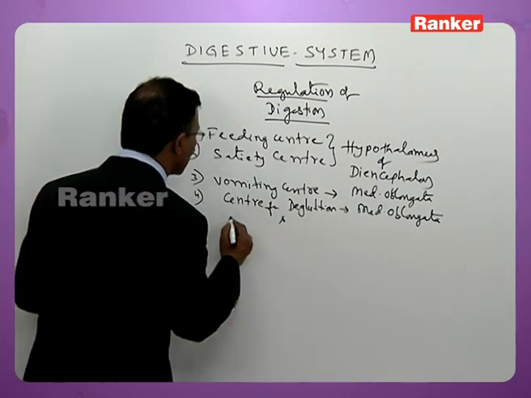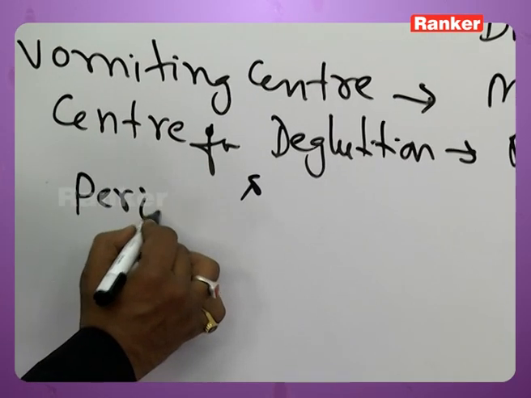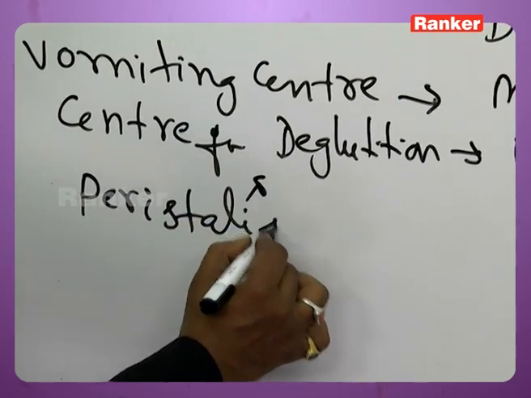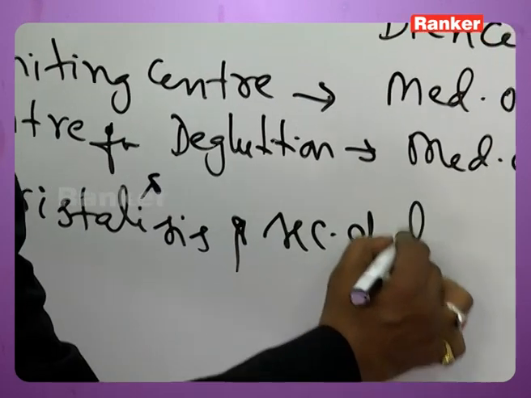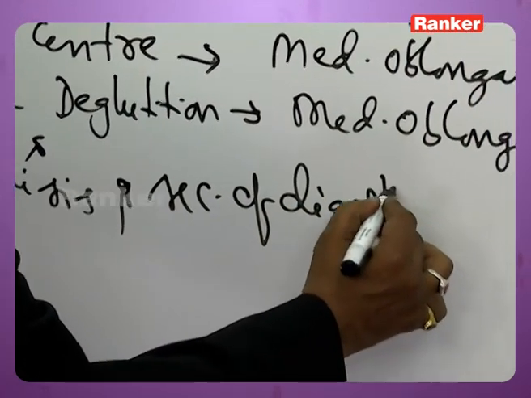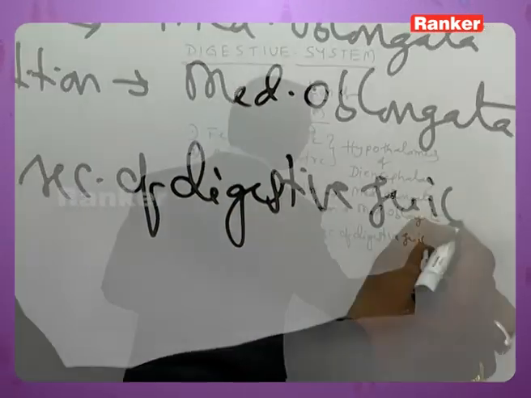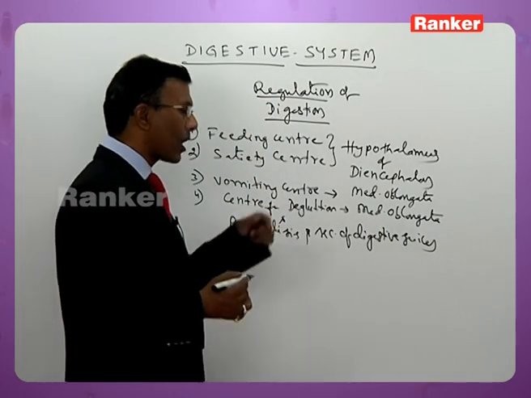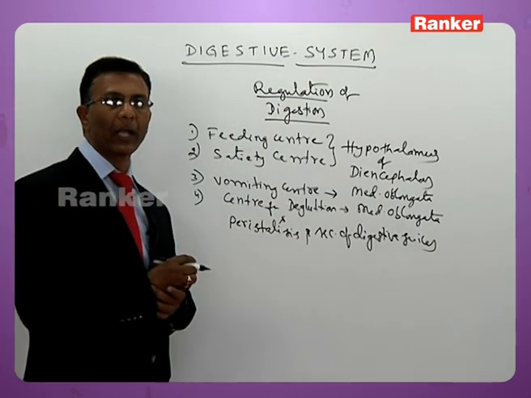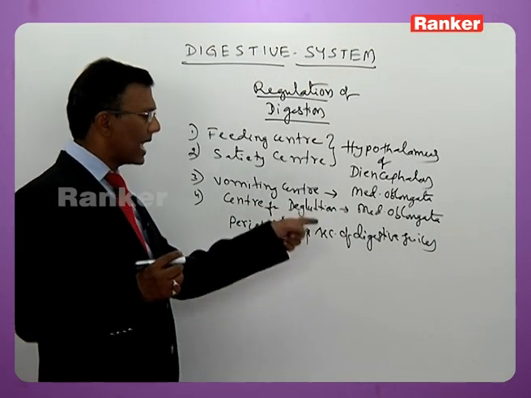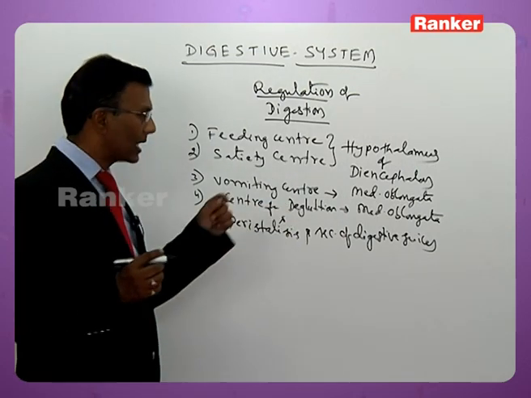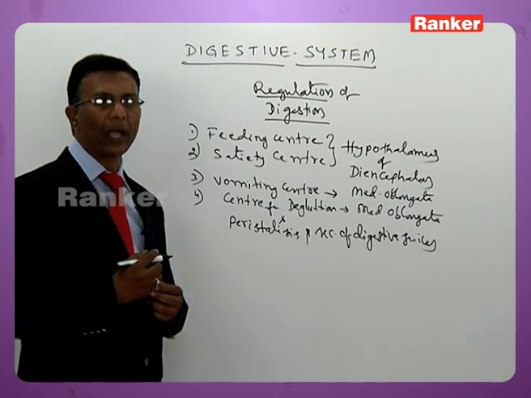Apart from this, peristalsis and secretion of digestive juices are also under the control of the medulla oblongata.